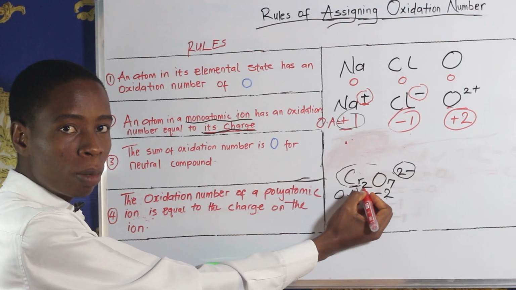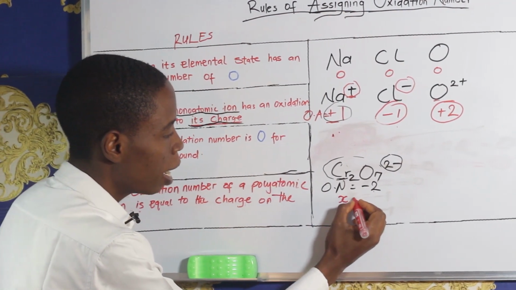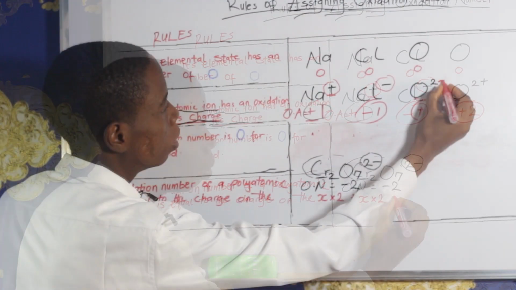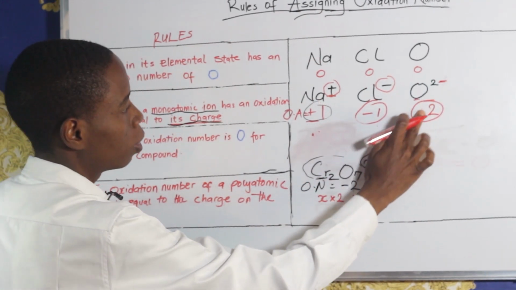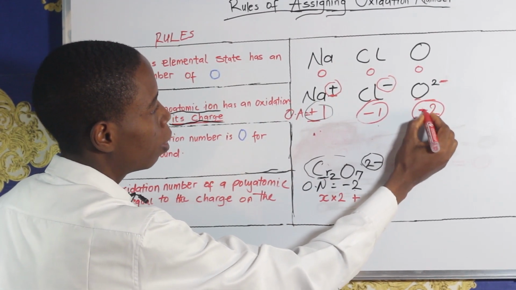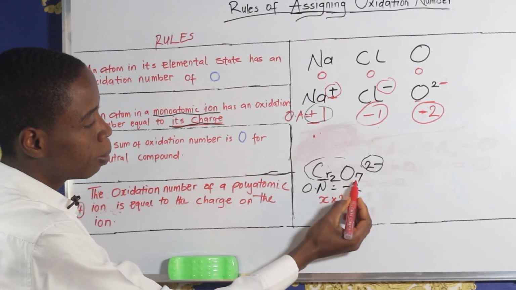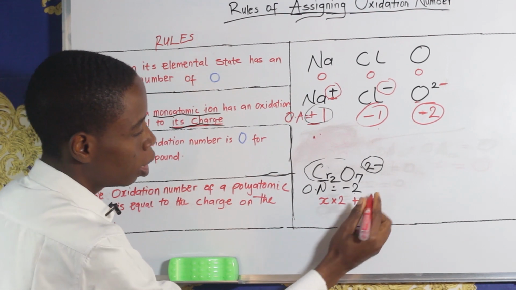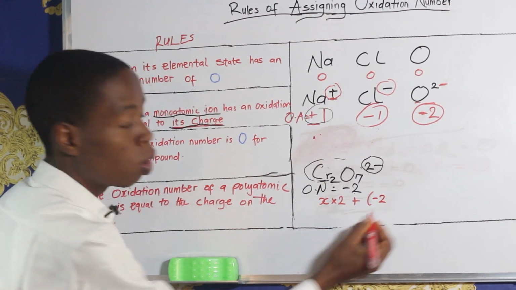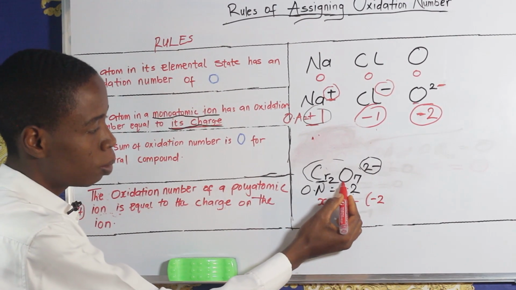However, we have 2 atoms of chromium, so it's going to be X times 2, not plus 2. The oxidation number of oxygen is minus 2, however we have 7 atoms of oxygen.